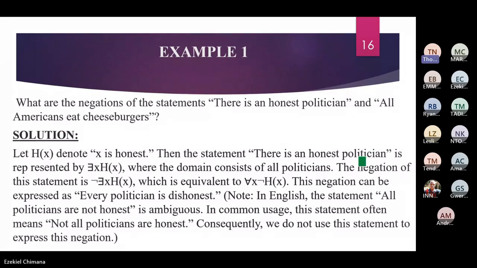I think I got lost here. This statement says there is an honest politician. Okay, this is the first statement. The second one is all the Americans eat cheeseburgers. What is the domain here? Can you explain where the domain principles get in here for me to understand what's going on down there?